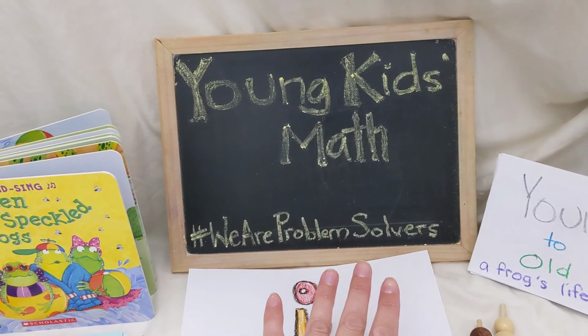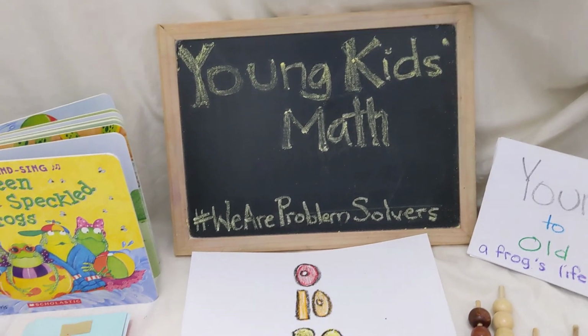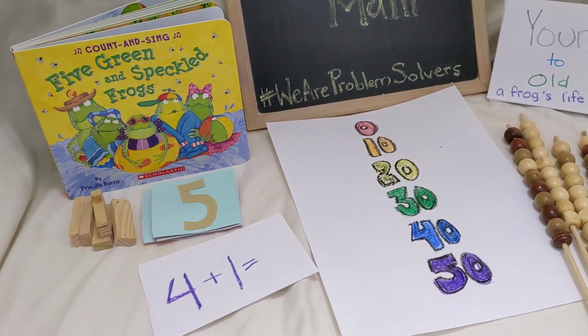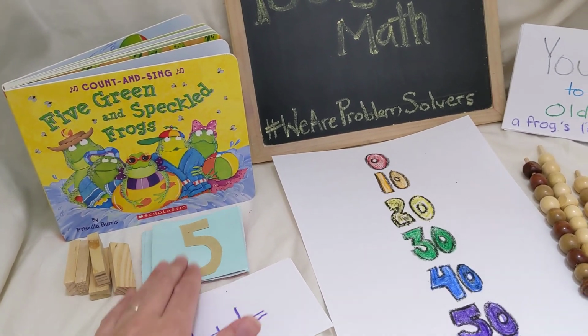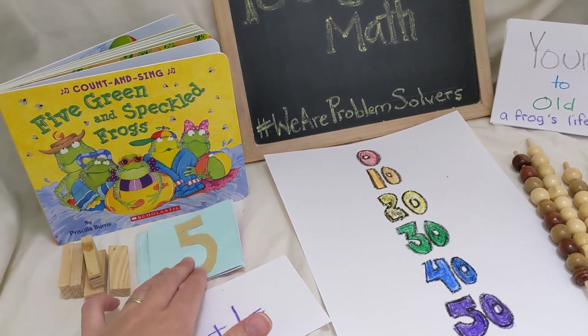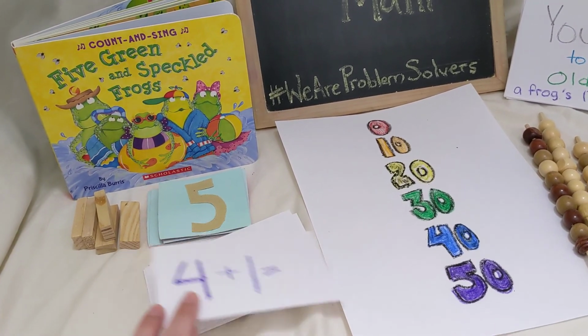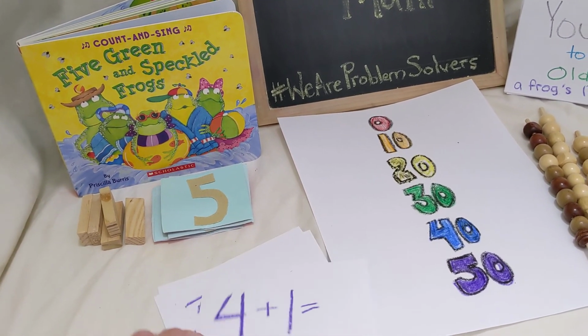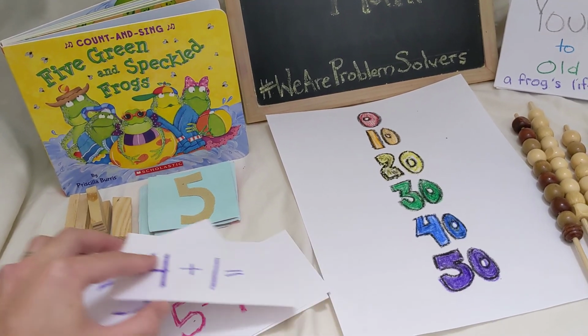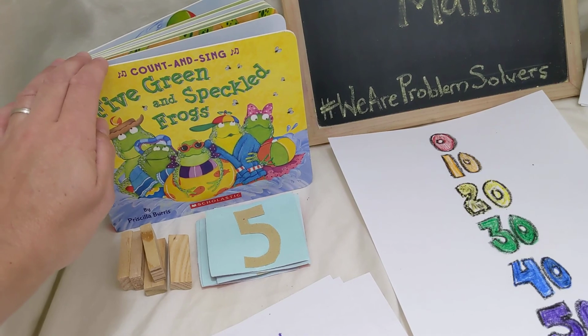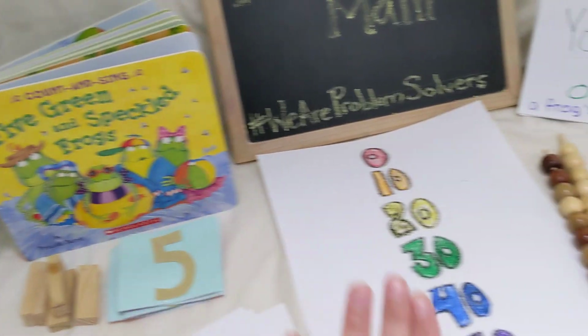We are problem solvers, and today we're going to solve some problems with frogs. We're going to hop from 1 to 5 and 5 back to 1. We're going to do some addition and some subtraction, some plus and minus problems. We're going to read the book 5 Green and Speckled Frogs.